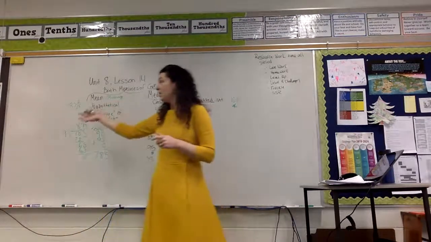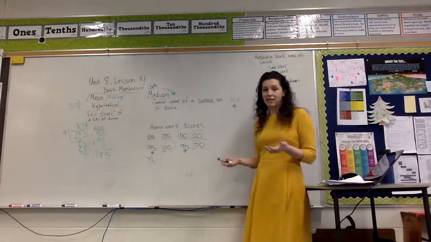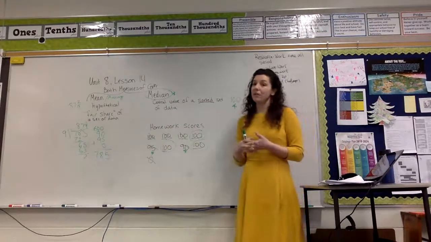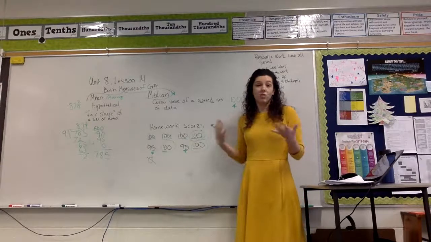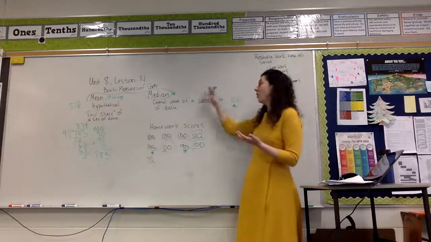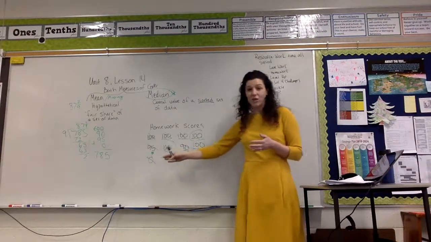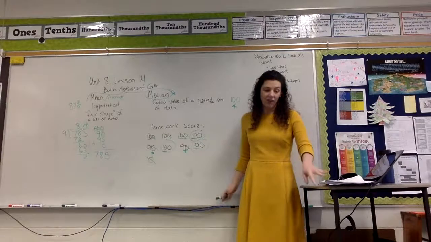Now, whether the mean or the median better represents my situation really depends on the data set, and it also depends on your explanation. What is your justification for picking one value over the other? You know, I talked about the number of scores, how close there was, that there was an outlier. You have to justify your answer.